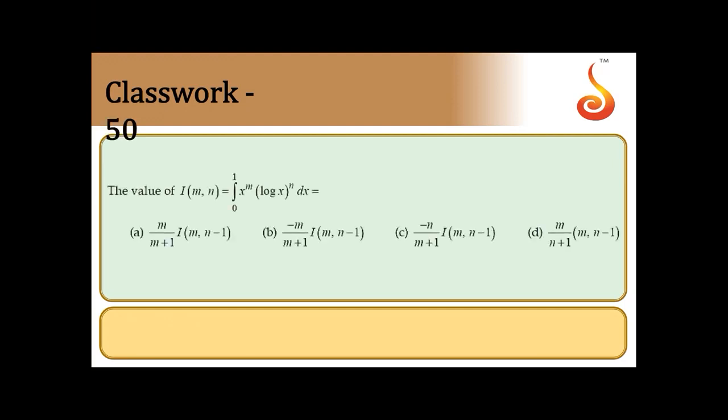Coming to the next one, I m,n is equal to 0 to 1 x power m log x to the power of n dx. On simplifying, I m,n can be simplified by parts.